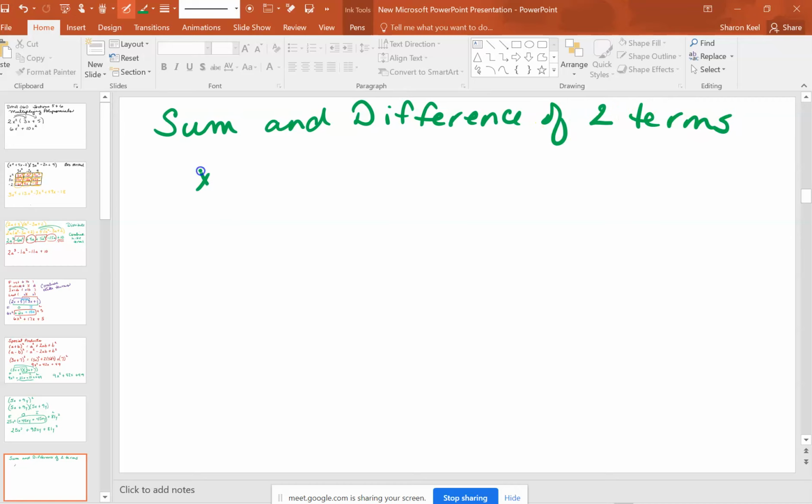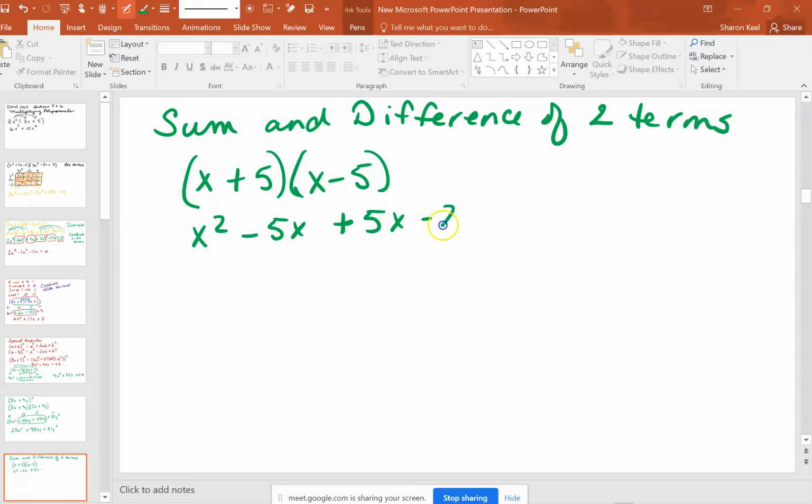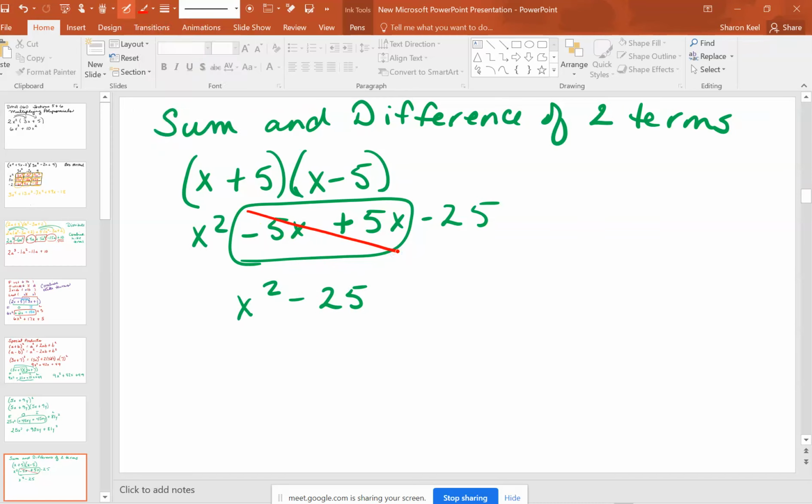So what I have here is if I have an x plus 5 times an x minus 5, I have x squared minus 5x plus 5x minus 25. If you notice, these two terms in the middle cancel out, and we have x squared minus 25. The two in the middle cancel.